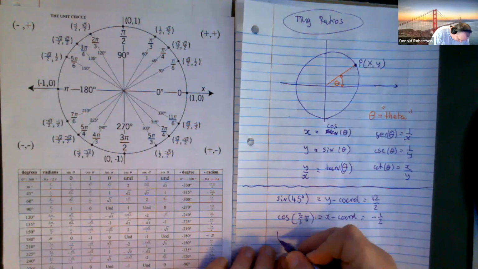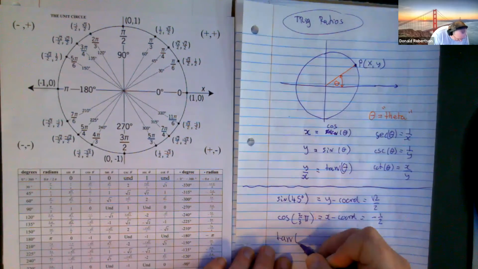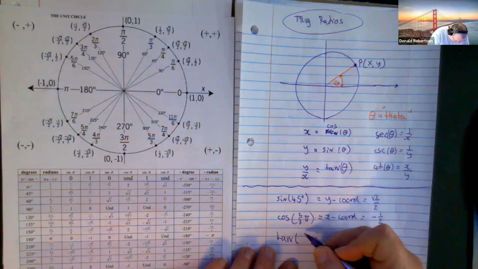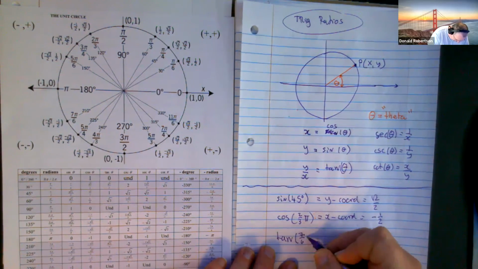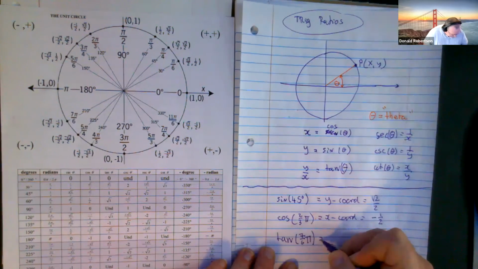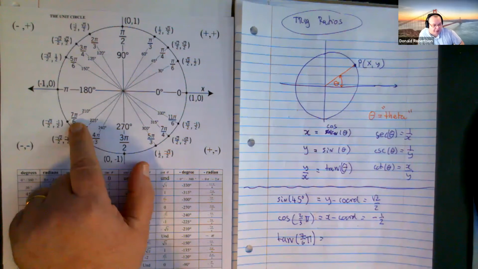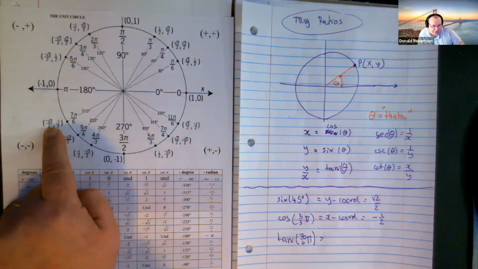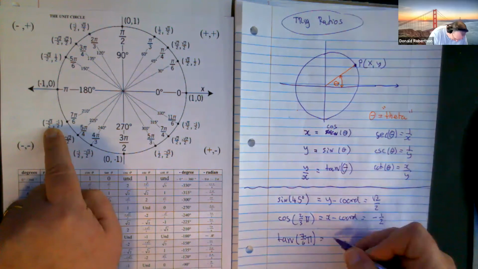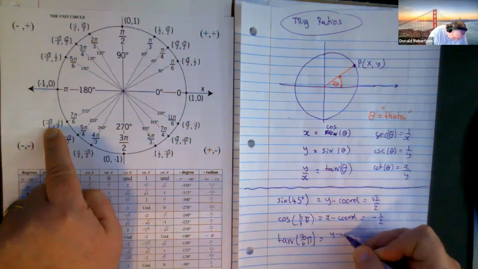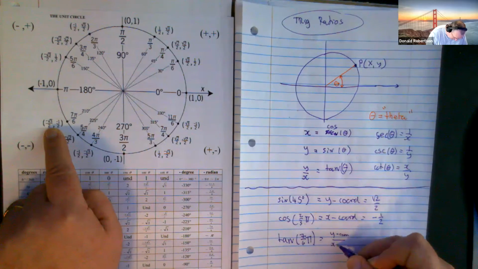Suppose I wanted to find the tangent of 7/6 pi. You find 7/6 pi and you find that point. It's the y coordinate divided by the x coordinate.